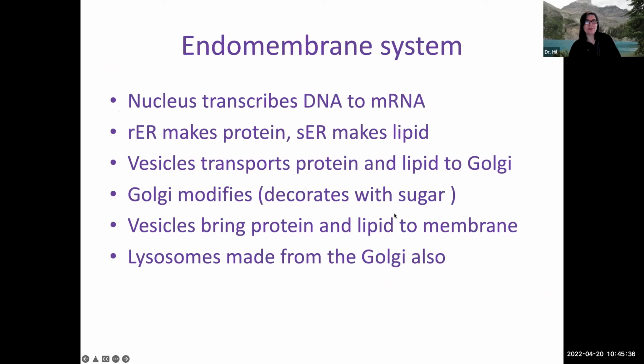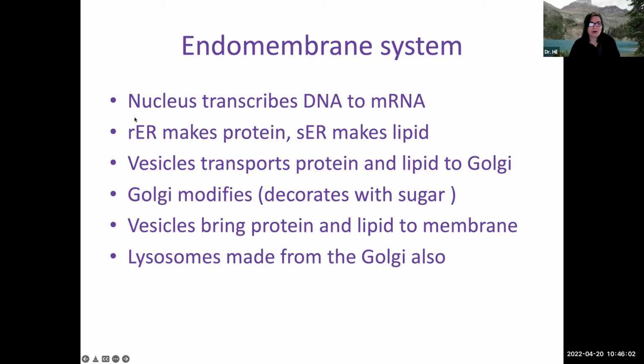So here's the endomembrane system. We want to remind ourselves what is happening in each of these different organelles so that we can better understand how they work together to achieve certain common ends. The nucleus, of course, is where the DNA is found. And a lot of what's happening in the nucleus is that the genes in the DNA are being transcribed to mRNA.